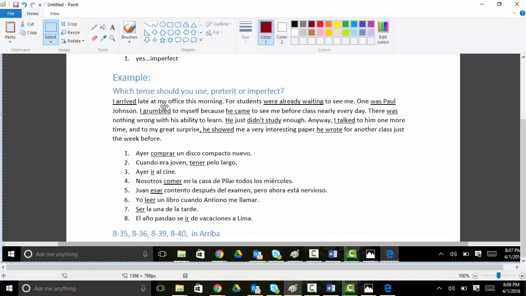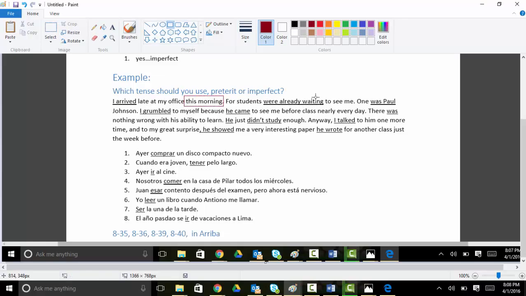So it says, I arrived late at my office this morning. This verb is an action verb, and so we look to see if there's anything that says that it occurred repeatedly. It does not. It has this morning in there, and this morning means that it's over and done with. And so you would use the preterite to express I arrived.